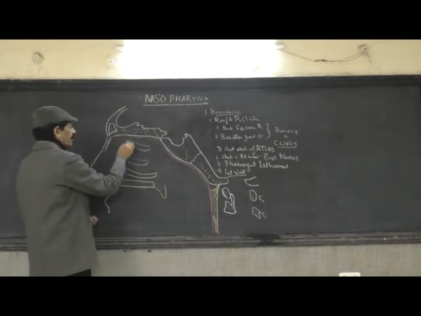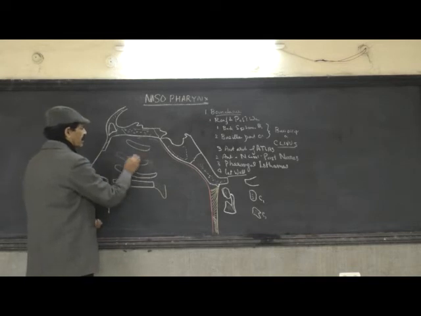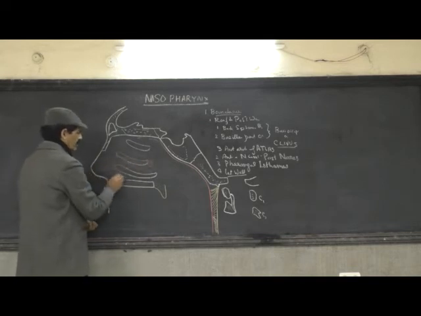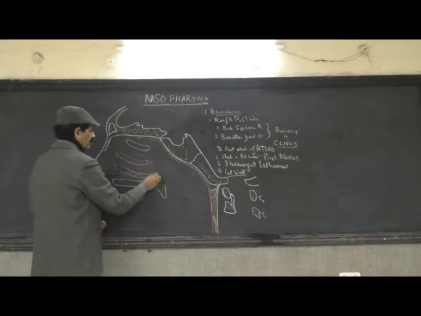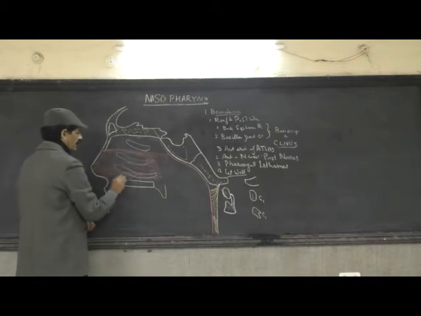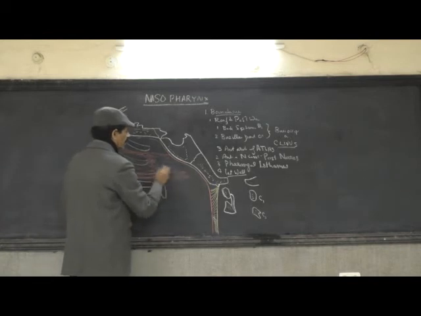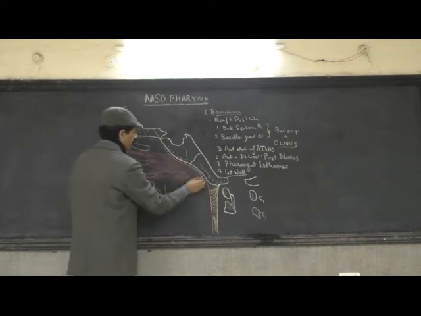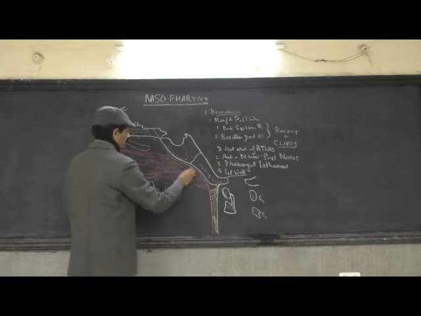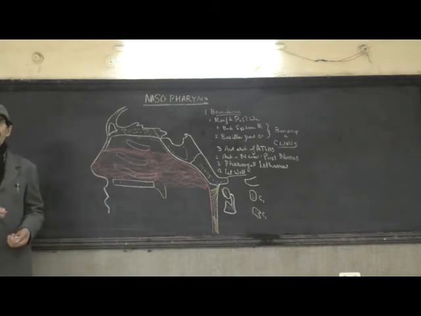As we know, the nasal cavity has respiratory mucosa in its lower two-thirds, which is pink in color. The same respiratory mucosa also lines the nasopharynx. That is the ciliated columnar epithelium.